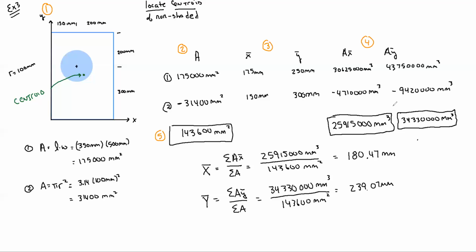Step six was the summation of the A times X and Y bars. I feel like I left a step out somewhere. Step seven was do the arithmetic, and step eight was draw it on the drawing. Must have combined a step somewhere.